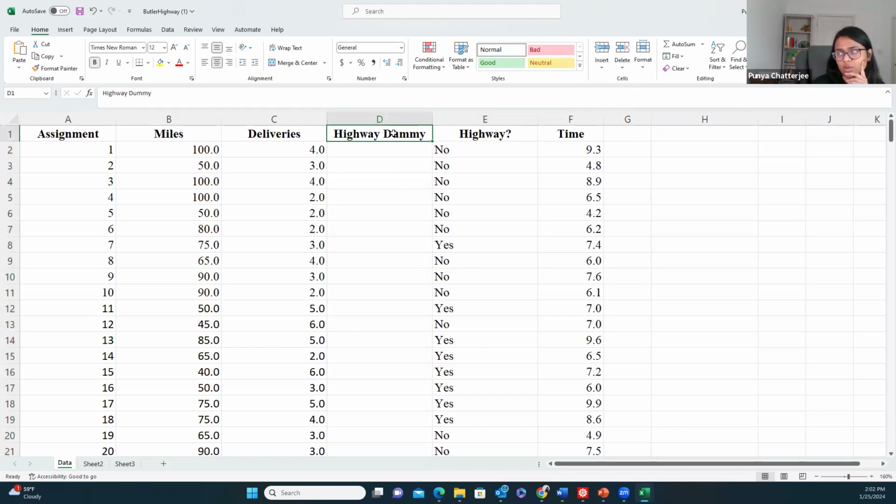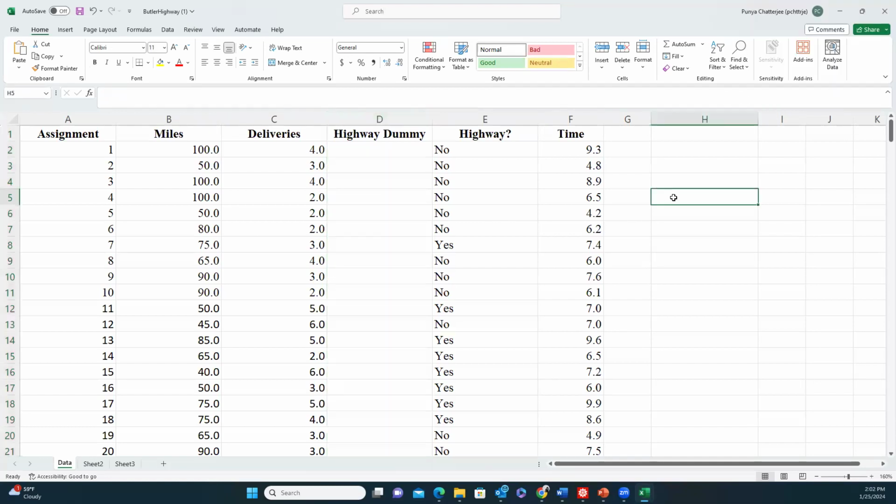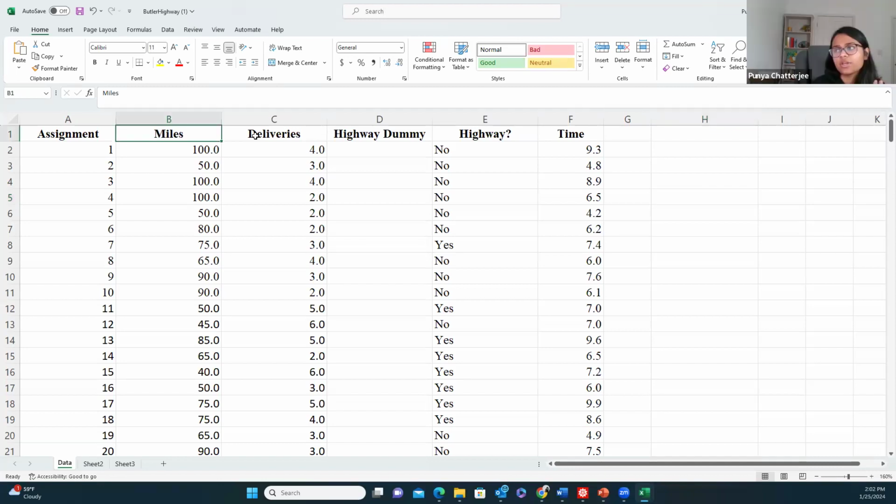Question. Why do you think I created the dummy on the left of highway and not on the right of highway? So when you get all the information, you can do it all at once, like when you highlight miles, deliveries, and highway. Right, when we finally do regression, we have to highlight all of them together.